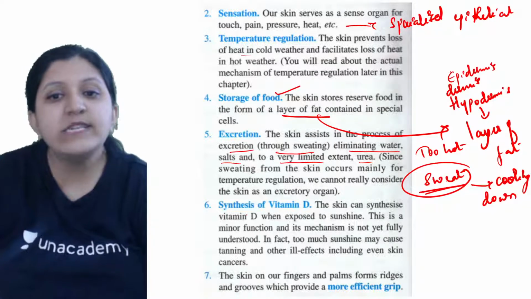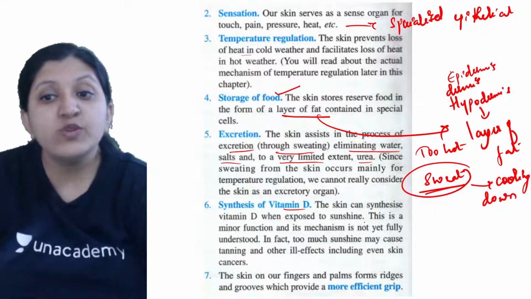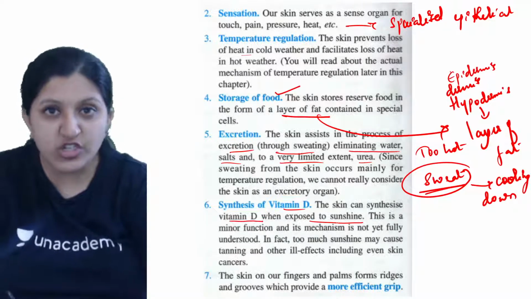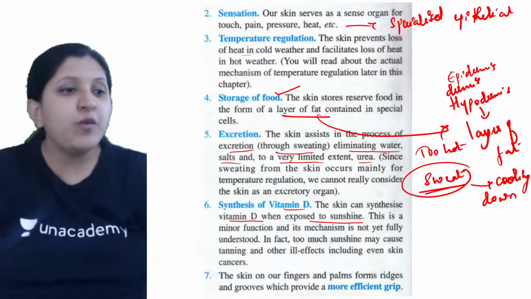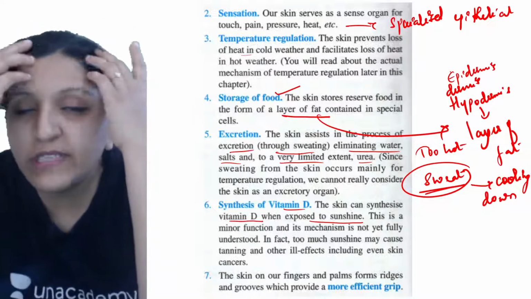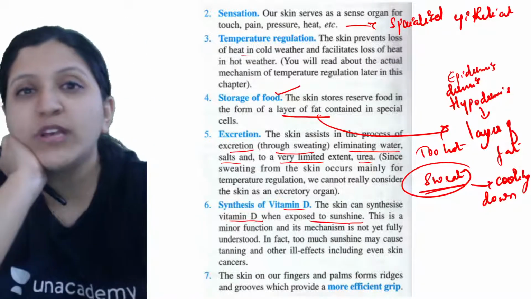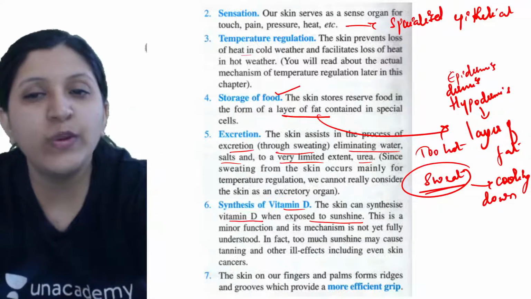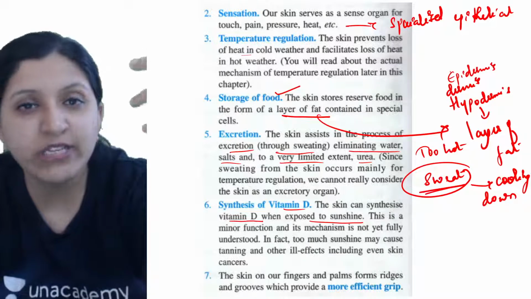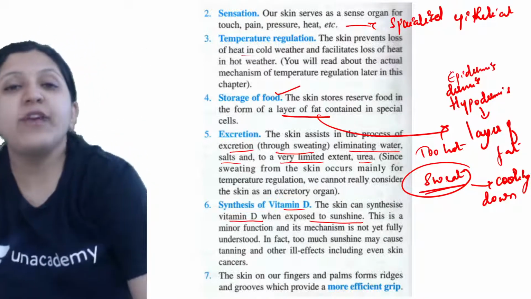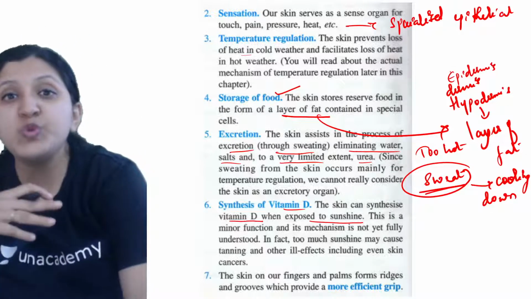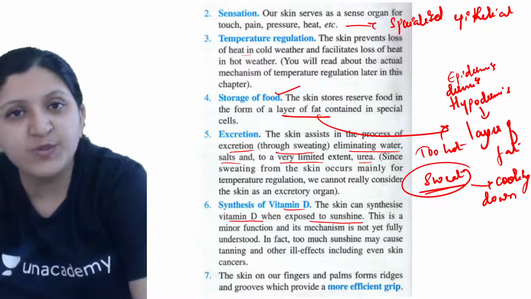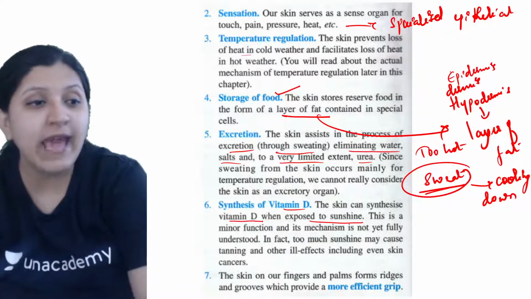All right, then synthesis of vitamin D. The skin can synthesize vitamin D when exposed to sunshine. That is why a lot of people say go in the morning, expose yourself to the sun, or go in the evening, because very light sunlight will be there and better vitamin D synthesis can occur. If we go out in the afternoon, there is too much UV light, and if you are exposed to too much of it, it can lead to cancer.